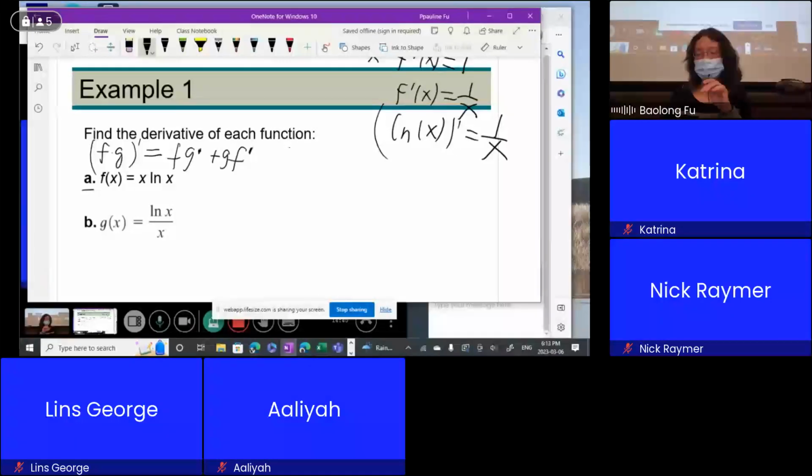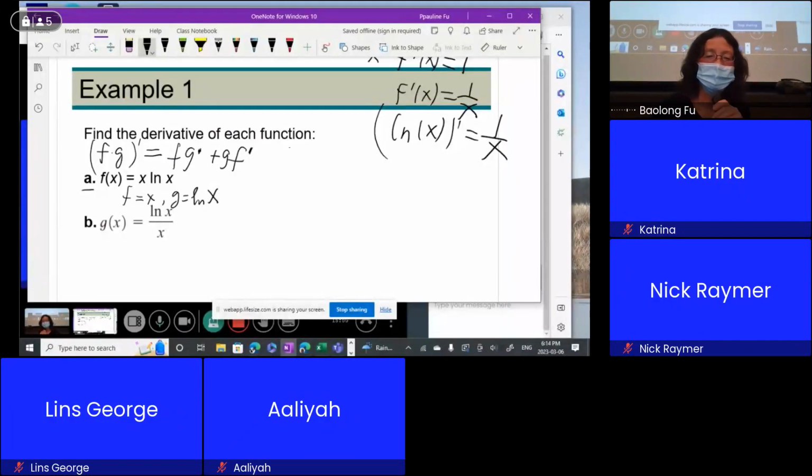We'll use this product rule. In question A, f equals x and g equals ln x.